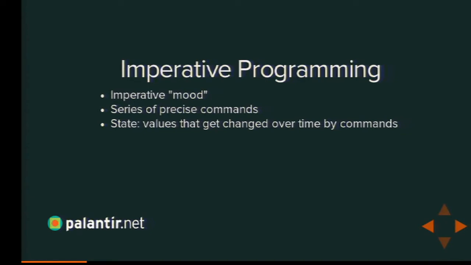State are values. They are pieces of information that change over time. This value will change, and the point of a program is to run a series of steps that will change that state. The purpose of a program in imperative programming is to change state, to change the value of something.